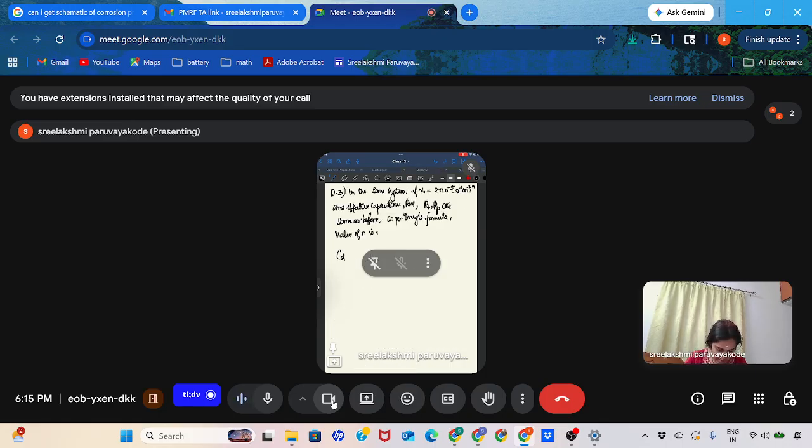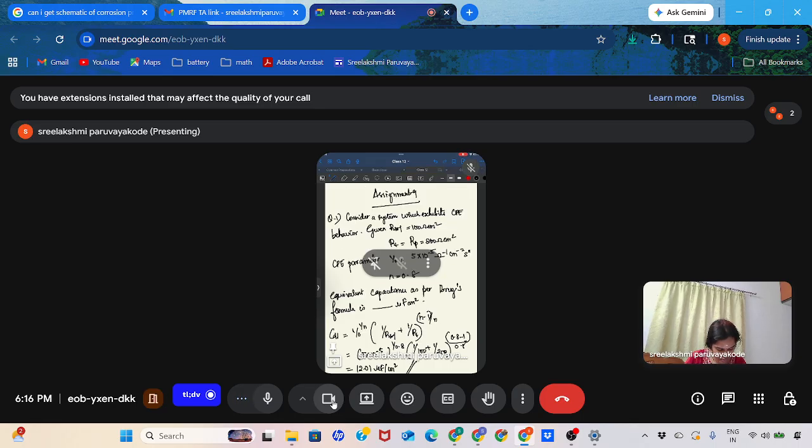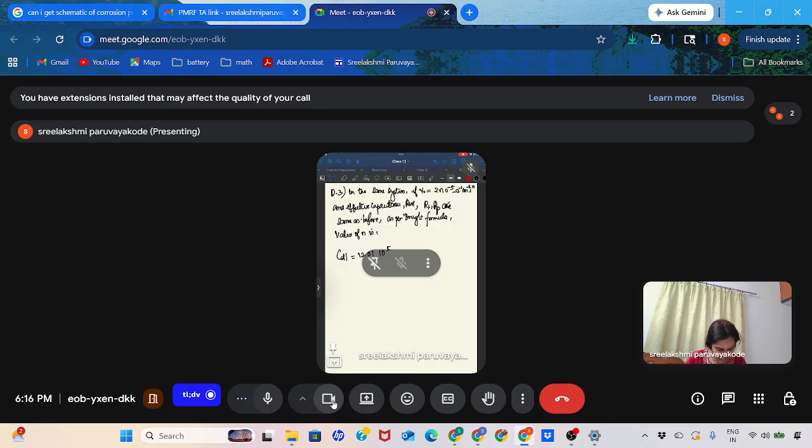So CDL is equal to 12.01 into 10 to the power minus 6 farad per centimeter square, from question 1 in this assignment.